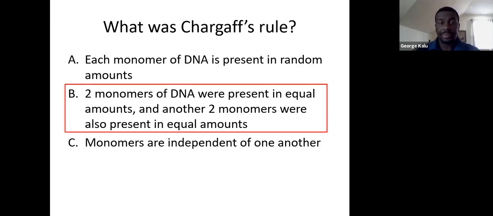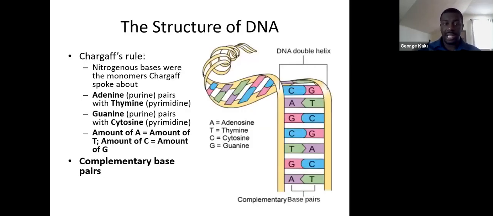Good. When we're looking at DNA, it's arranged in a double helix, and there are 4 monomers making everything up. The monomers that Chargaff was talking about happen to be the nitrogenous bases: adenine, thymine, cytosine, guanine. Those are the monomers that hold DNA together.